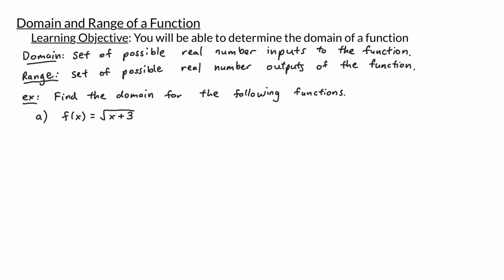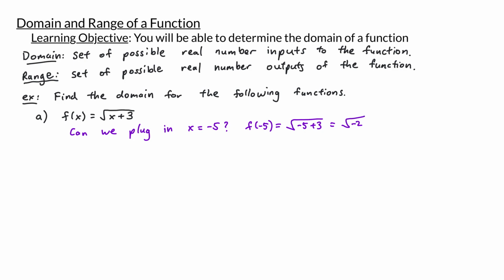In order to find the domain, we want to think about what numbers can we plug in, or maybe what numbers can't we plug in. For example, can we plug in a number like x equals -5? Well, if we try to evaluate f of -5, we end up with square root of -5 plus 3, which simplifies to square root of -2.